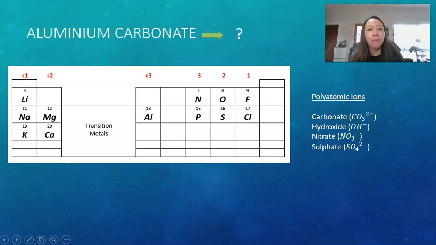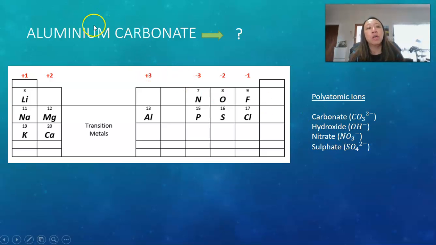Let's do another practice. Aluminium carbonate equals what? What's the formula for aluminium carbonate? I have prepared the periodic table and the list of polyatomic ions. Feel free to pause now if you want to do it on your own. Or else let's just keep going.